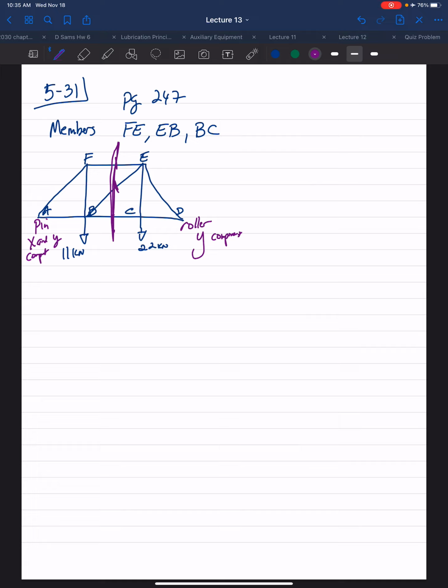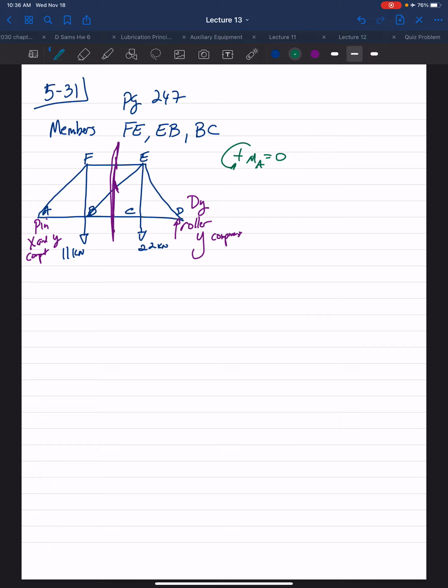So let's first do our support reactions because we have to figure out the Dy component. That's a Dy due to the roller. So we take some moments about point A. We can ignore the X and Y components of the pin at A and then calculate our unknown support reaction at D.